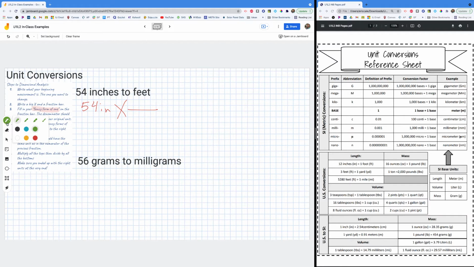So for instance, I know, and this is easy, this is the same example I did in the notes, I think, inches and feet. There are 12 inches equals 1 foot. We have that over here, 12 inches equals 1 foot. Any conversion factors you need for this class will be over here. Do not go Google and find other conversion factors.